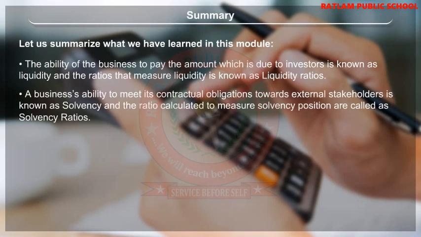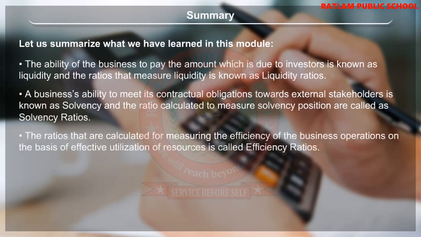A business's ability to meet its contractual obligations towards external stakeholders is known as solvency, and the ratios calculated to measure solvency position are called solvency ratios. The ratios that are calculated for measuring the efficiency of the business operations on the basis of effective utilization of resources are called efficiency ratios.